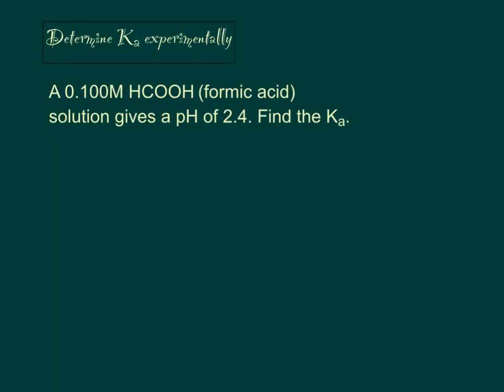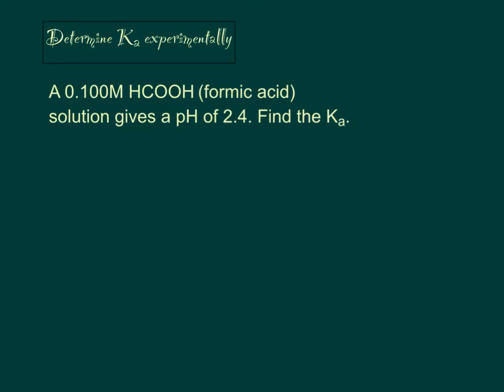Okay, let's jump right in and determine some Ka experimentally. So we have a 0.1 molar formic acid solution. Formic acid is ant venom, so that's really exciting. You can think about that when you see ants crawling around. The formula should look familiar, sort of, to CH3COOH or acetic acid or acetate, because this is also a carboxylic acid, just like acetic acid.